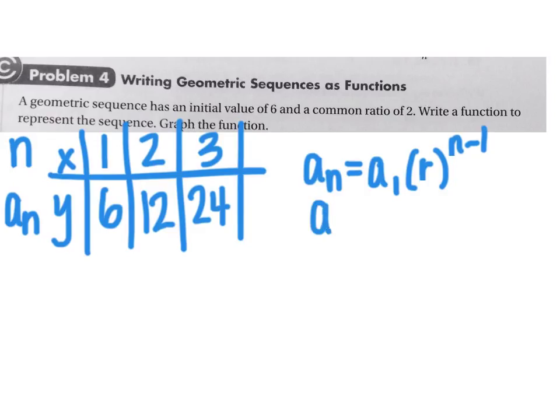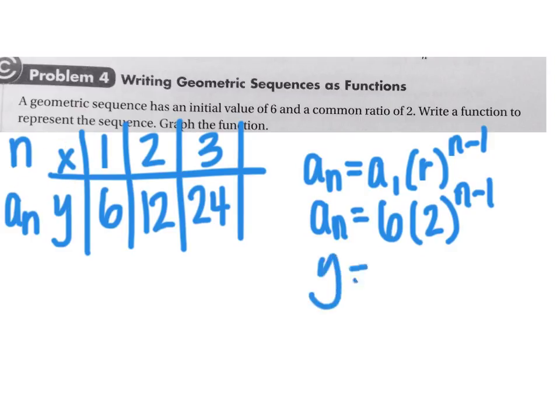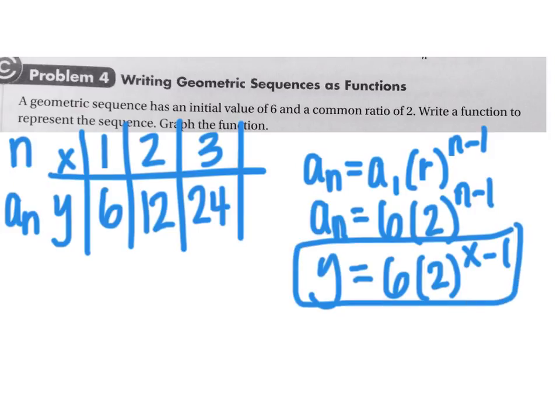So that's going to be a sub n equals 6 times 2 to the n minus 1. Except since I'm writing a function, I need to replace the a sub n and the n with the variables we use, so x and y. So y equals 6 times 2 to the x minus 1 power. And that's my function. And it also says graph it, so let me grab some graph paper really quickly.